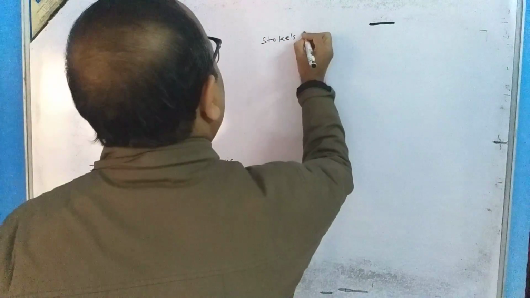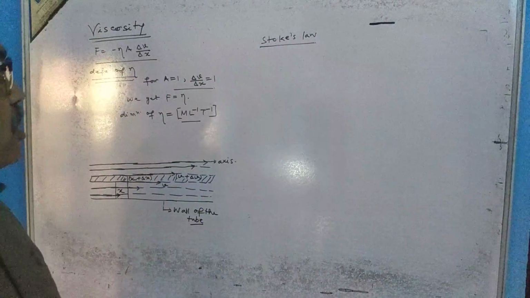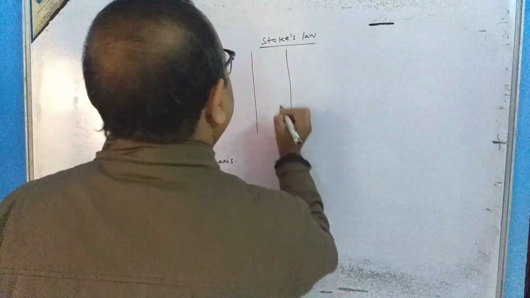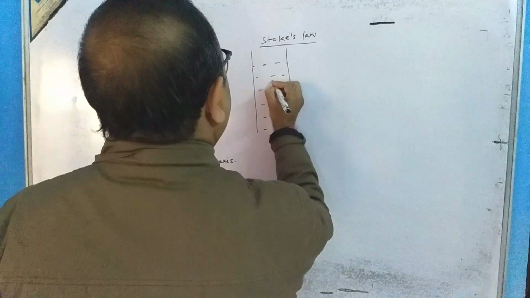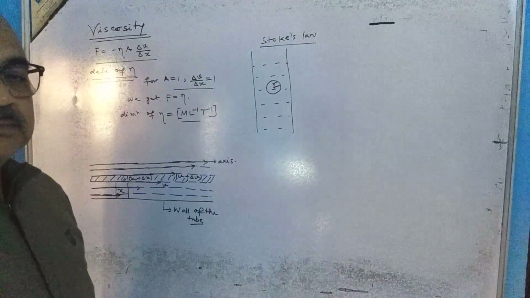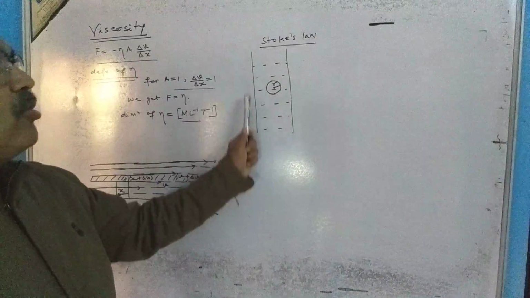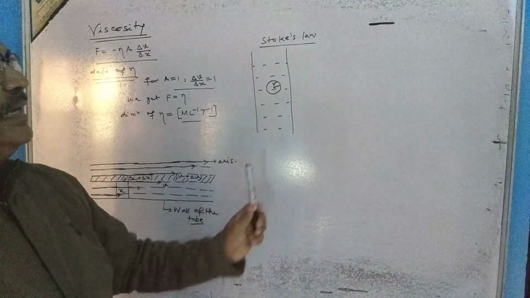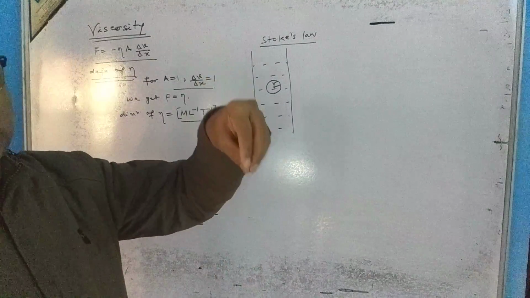Now a very important law, that is Stokes' law. Suppose here is a viscous liquid and a solid of radius r. Just see the situation. It's a vertical column in a cylindrical vessel with a viscous liquid in which a solid body is dropped.